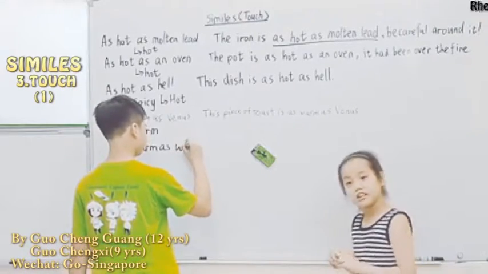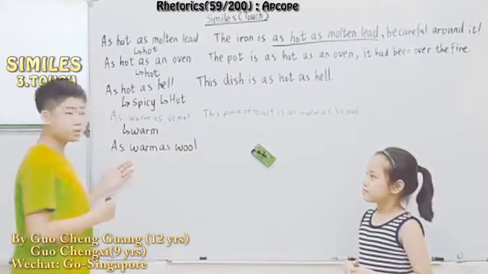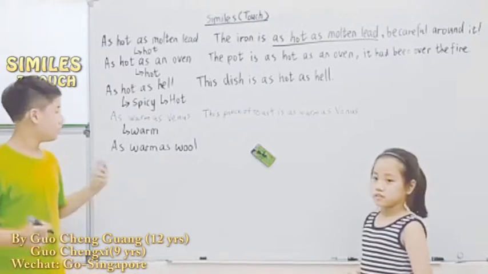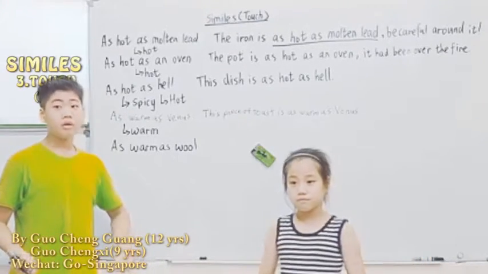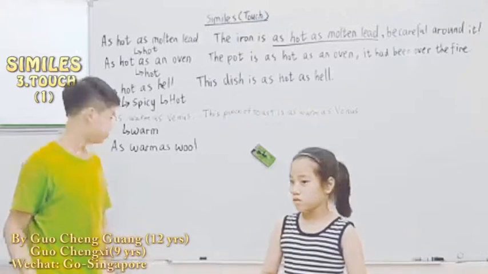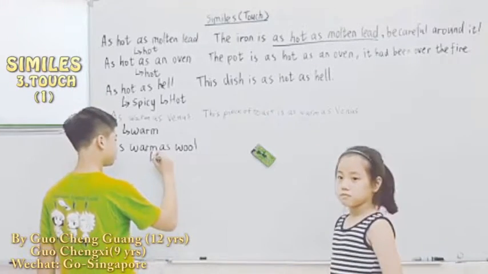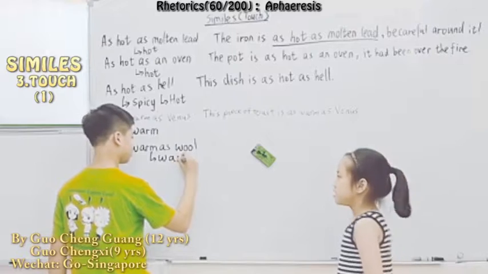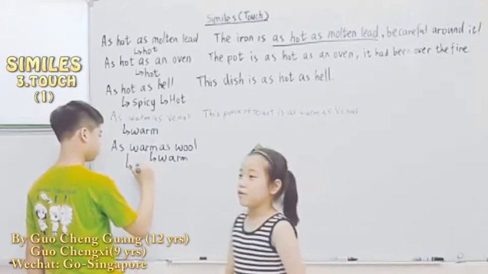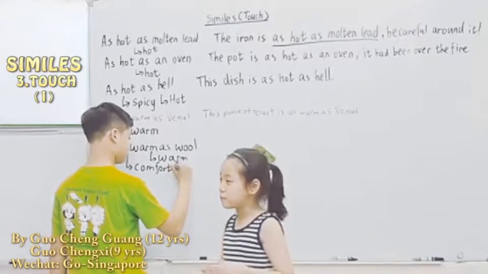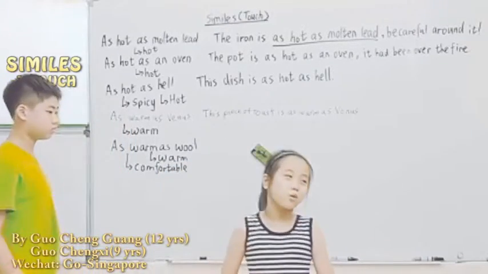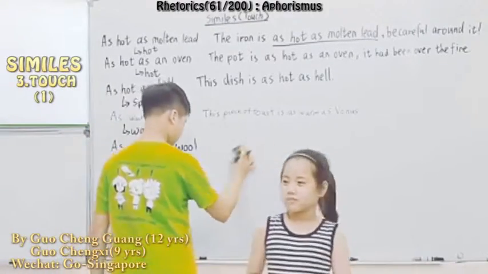As warm as wool for this part. Well, it can just describe it as warm, right? Or it's very comfortable. So you know when you wear those woolen shirts, it will be very comfortable, especially on a quite cold day.